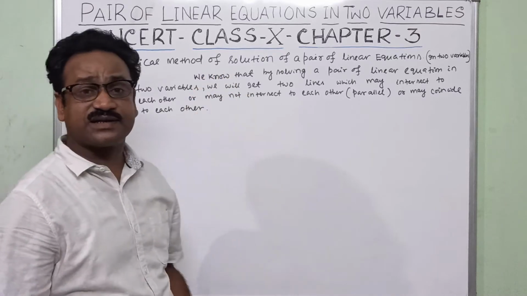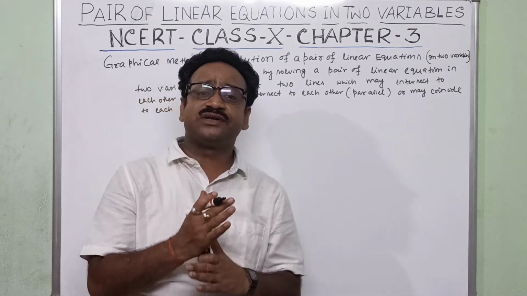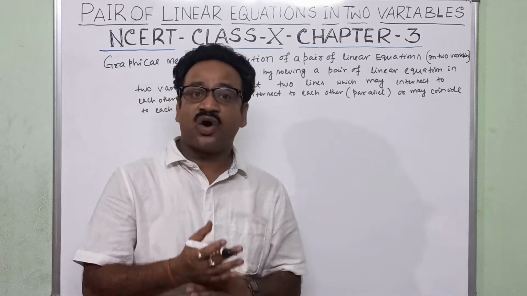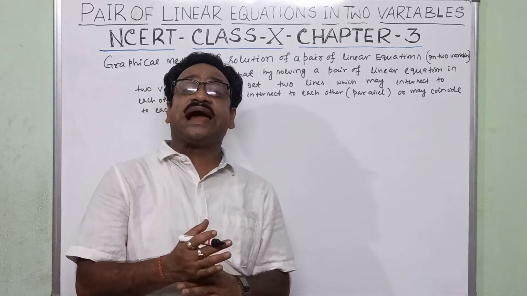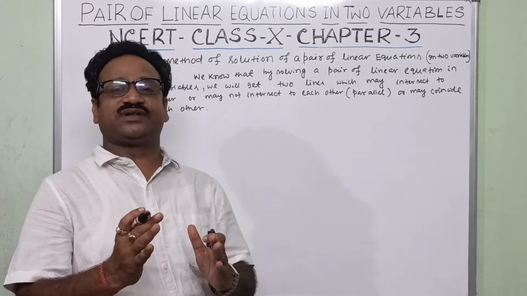So these are the three cases we know. Either the lines are intersecting lines, or the lines are parallel lines, or they are coincident lines. They coincide with each other.